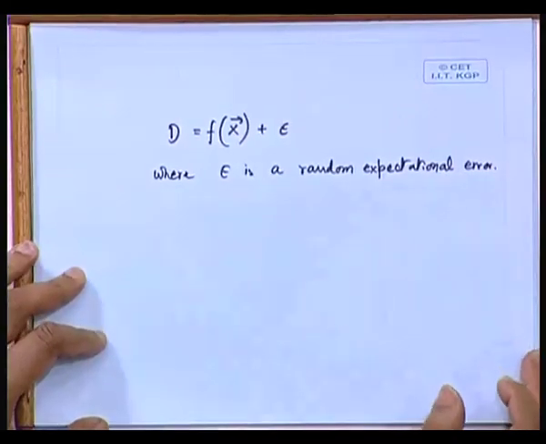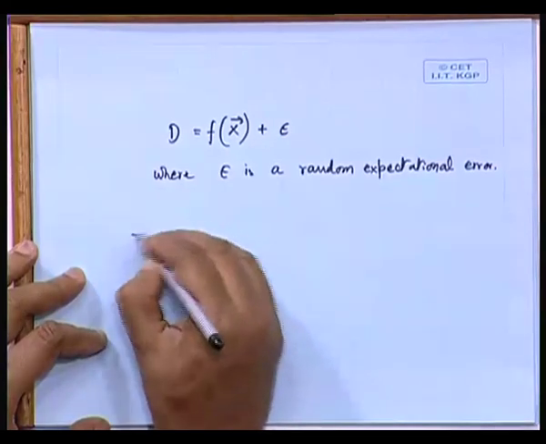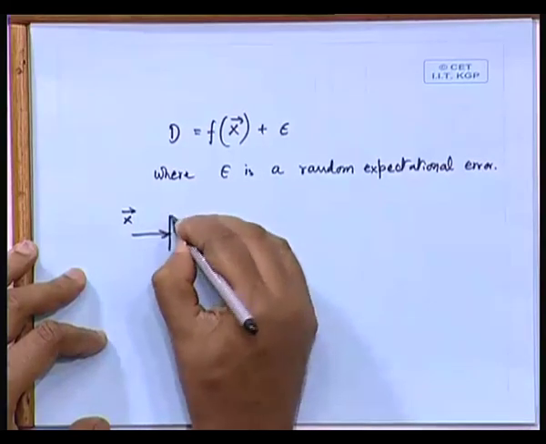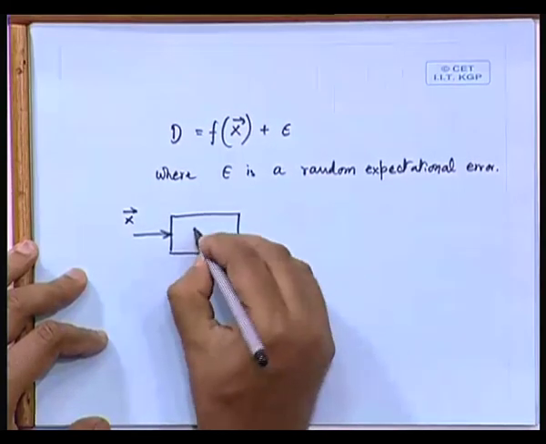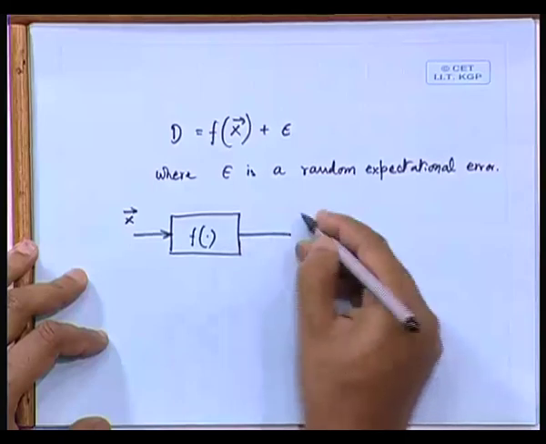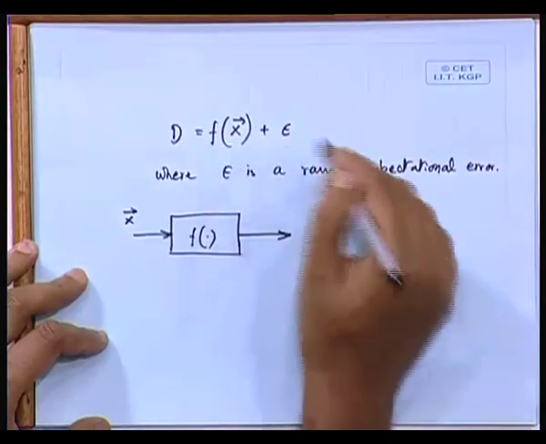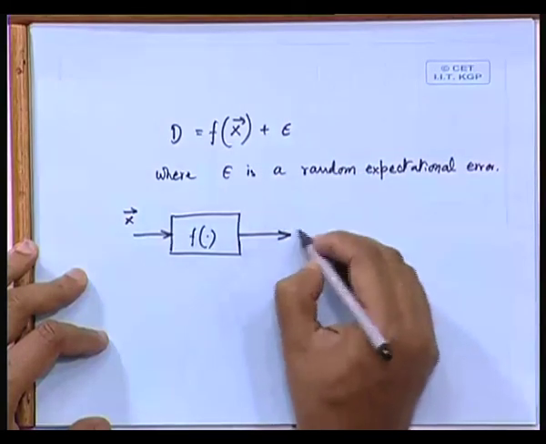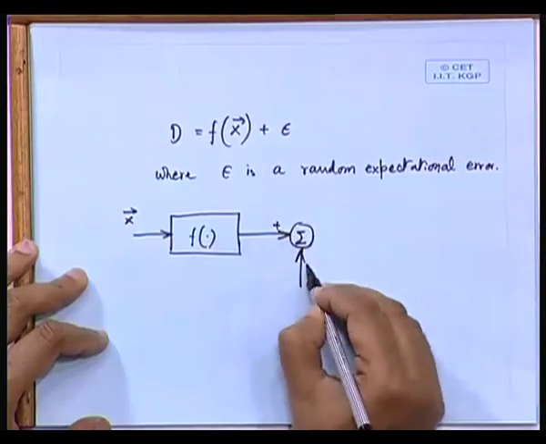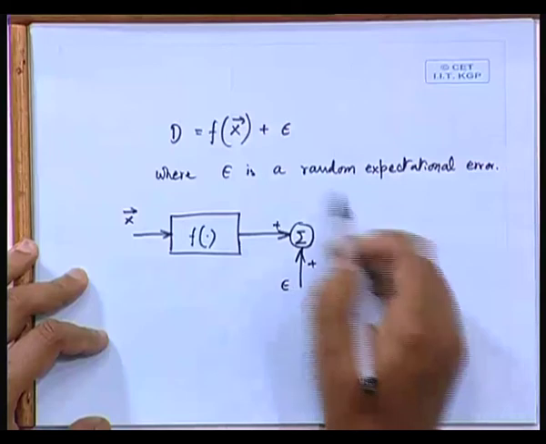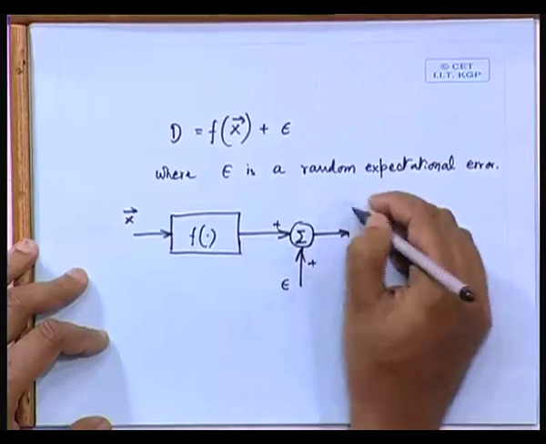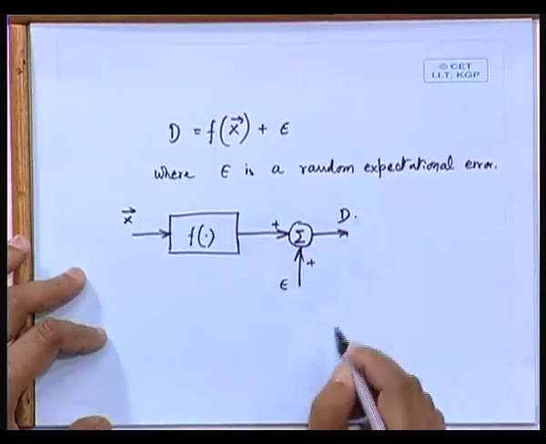And this we can simply depict as follows: x vector is the input, and then we have this function f of x vector, and its output is getting added to, in a summer, the random expectational error epsilon, and then we get D as the output.